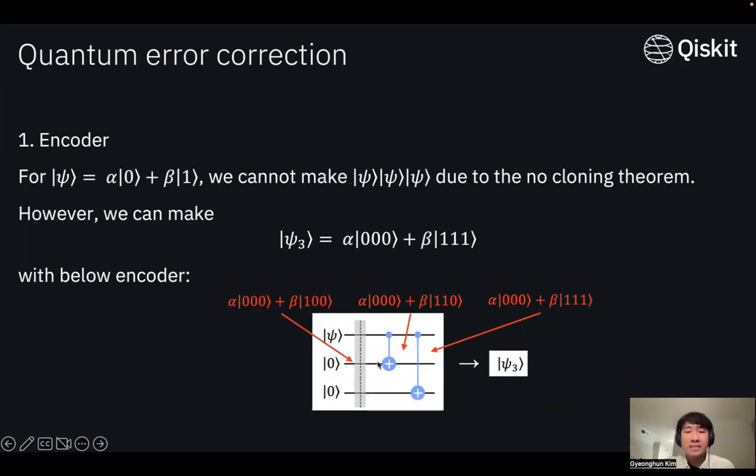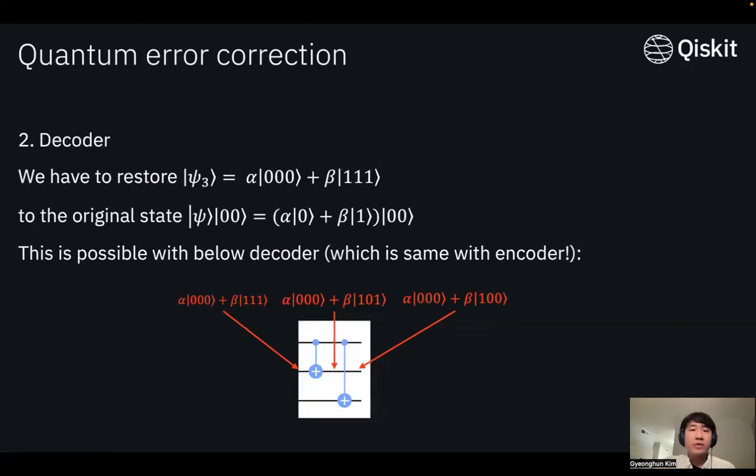After this CNOT gate, the first term is not affected because the first qubit has 0 state, and the second term is affected because the first qubit in the second term is 1. So now we have alpha 000 plus beta 110 state. And finally, after one more CNOT gate, we get alpha 000 plus beta 111, which is precise 3.